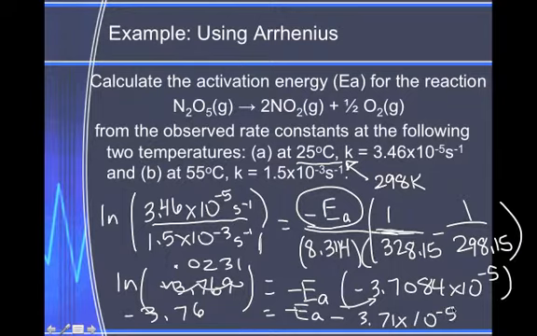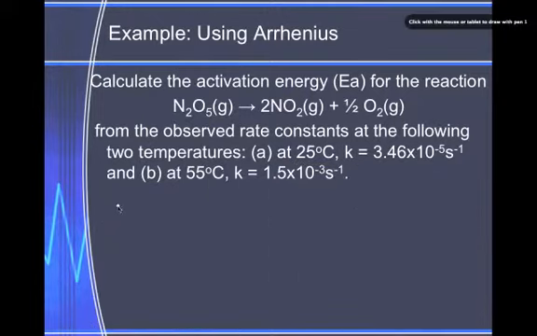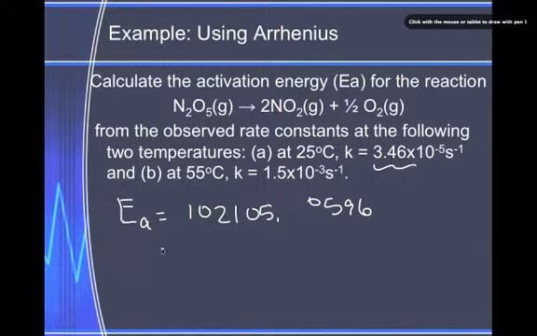Okay, so now let's solve for E sub A. I end up with an activation energy equal to 102,105.0596. What does this mean? I'm going to keep only 3 sig figs, so 102,000 joules.